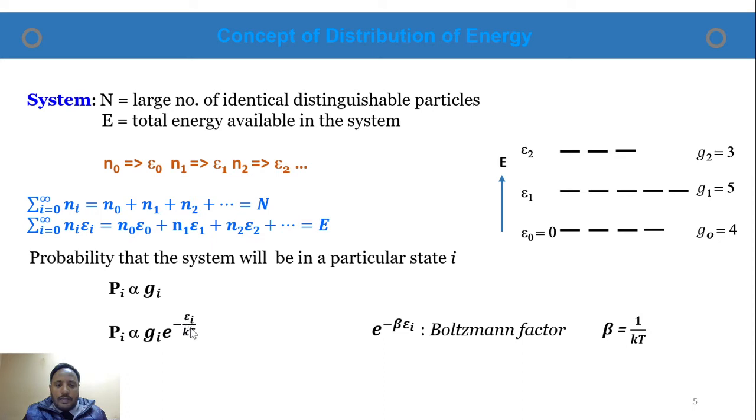E to the power minus Ei by kT can also be written as e to the power minus beta into Ei, where beta is called the Boltzmann temperature. It is given by beta equal to 1 by kT, and e to the power minus beta Ei is the Boltzmann factor. This parameter is very important because it gives us the probability for a system to exist in a particular state i.